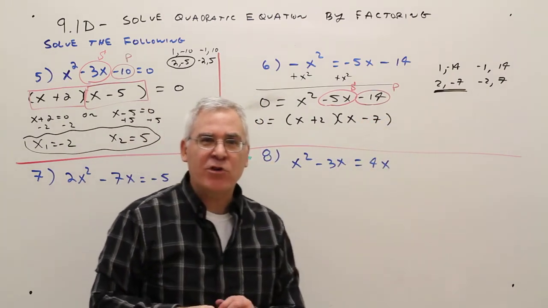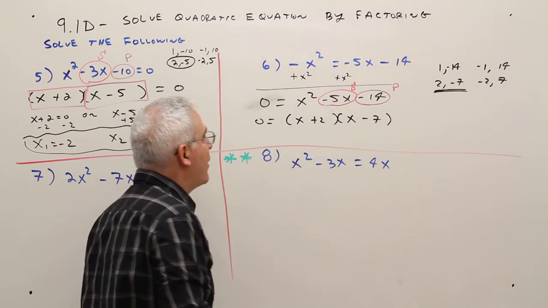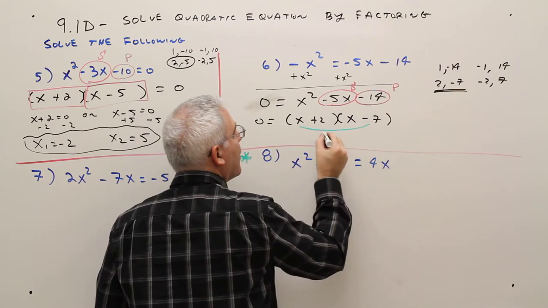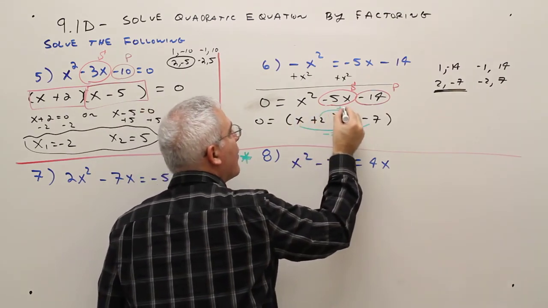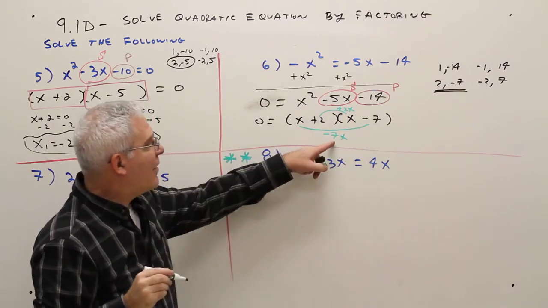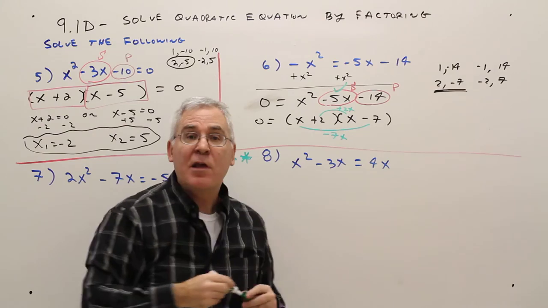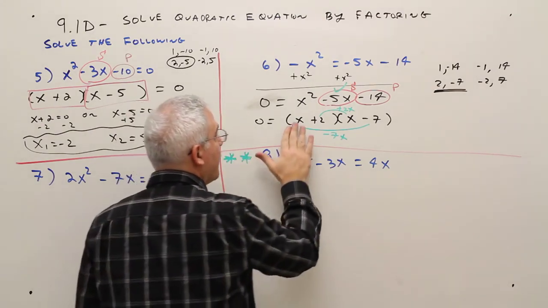One thing I should mention, to check my factoring, I usually do what's called an OI check. So the outers minus 7x, the inners plus 2x, and does that sum to minus 5x? The answer is yes. So that's how I know I did the factoring correct. You never need to ask your teacher.